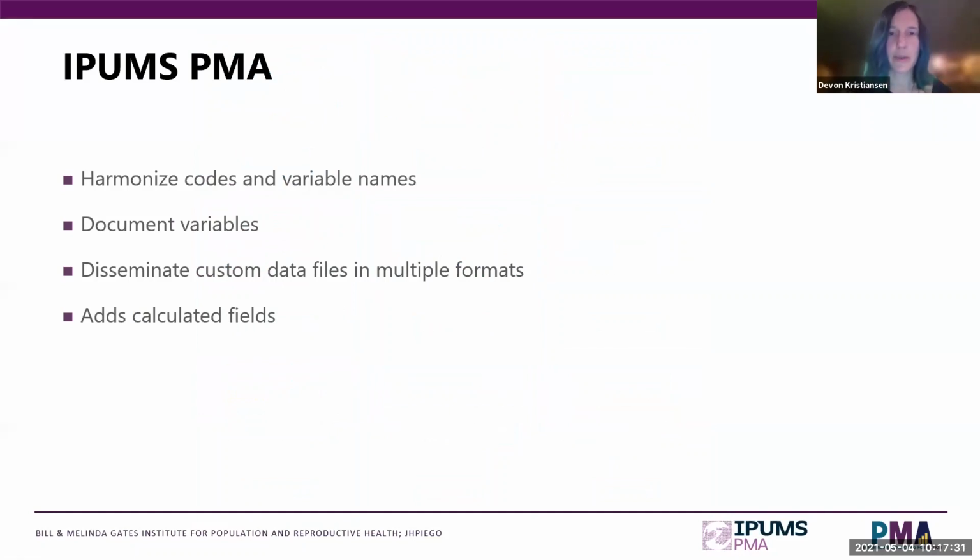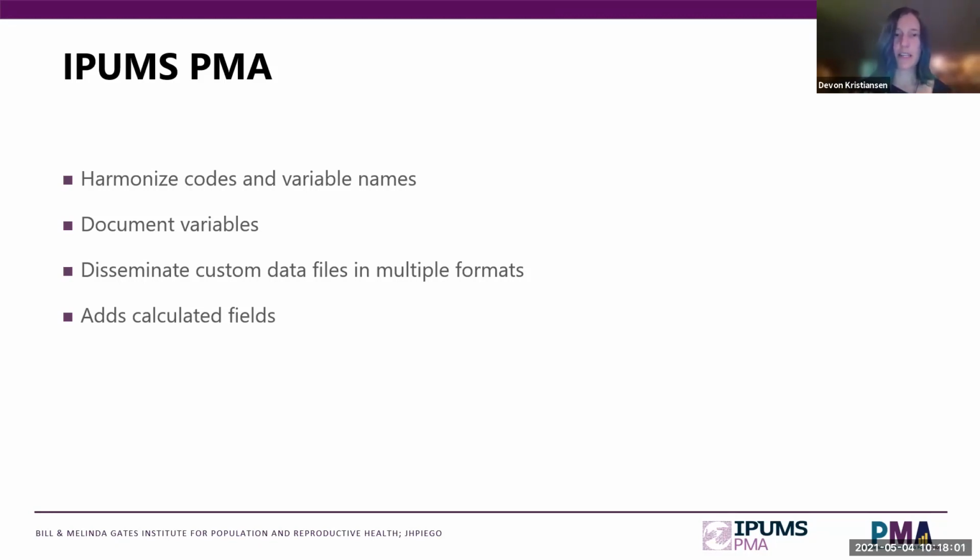So my work with the PMA data involves processing the data and making sure that the variable codes and names are consistent across time and country. And then we also systematically document each variable. So we look at the question wording, we look for comparability issues across time or across country. We document the universe of the question, basically describing the skip logic so you understand what your denominator is.